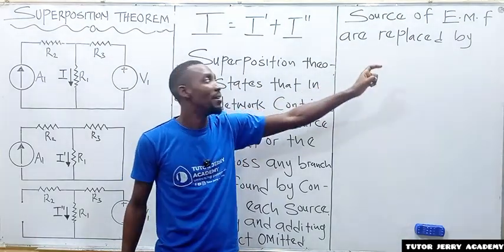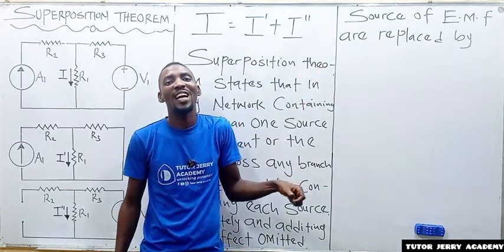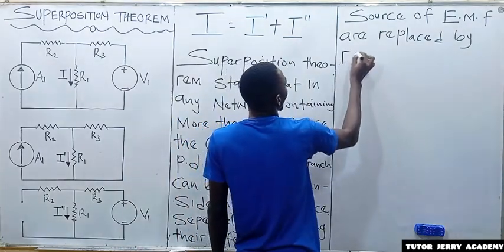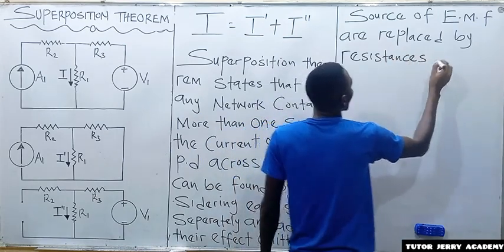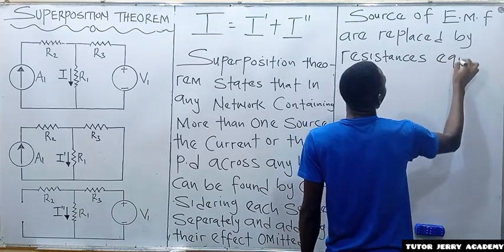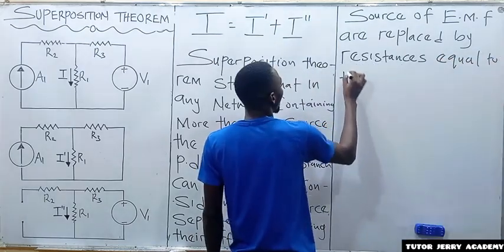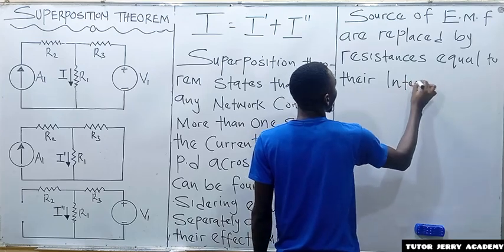Omitted sources of EMF are replaced by what? By resistance equal to their what? Internal resistance. By resistance equal to their internal resistance.